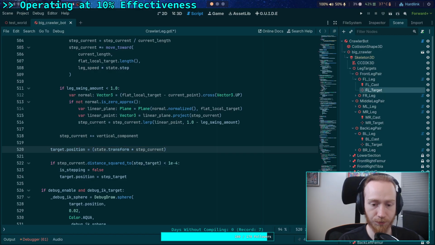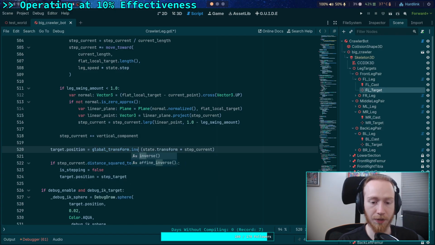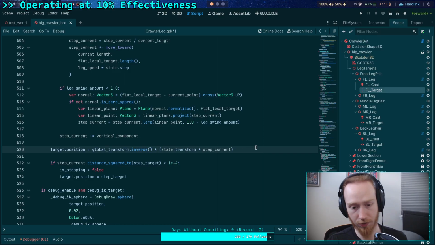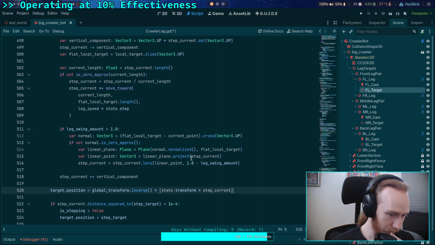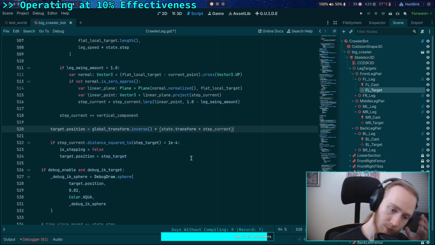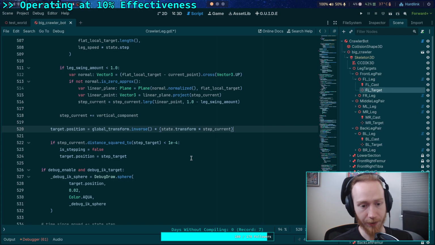So this brings it into global space, and then I would do global transform inverse like so. But this will never move it up or down.